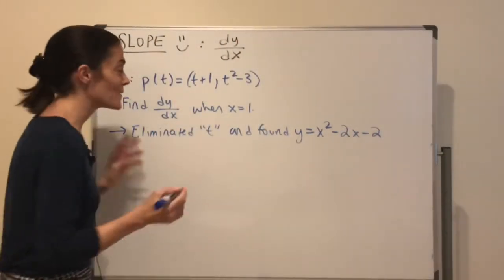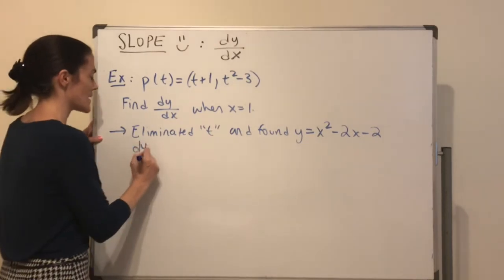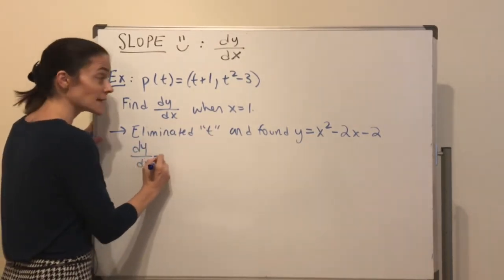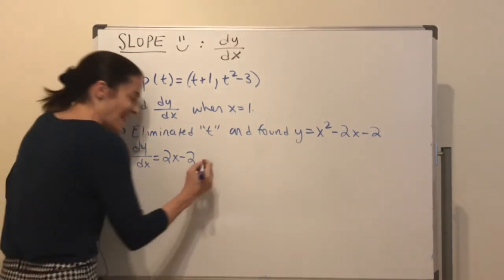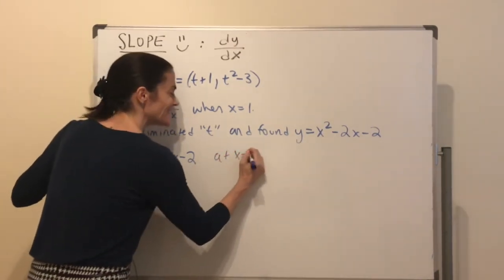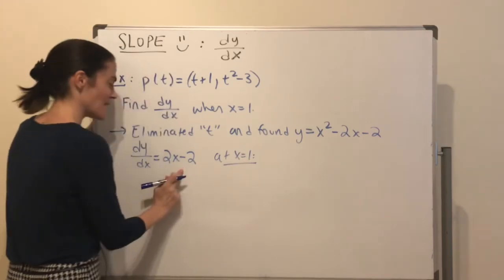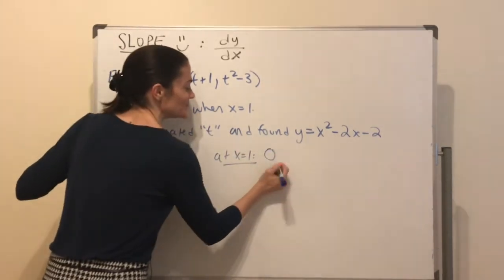And so we may calculate dy dx directly. This is 2x minus 2. And at x equals 1, we get 0.